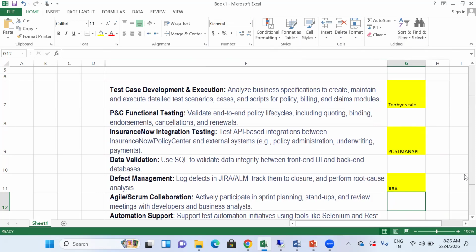So we should participate in sprint planning, and at the same time in daily stand-ups and reviews along with the development team and business analysts, so that we will know well in advance what requirements the customer has and what testable requirements we have taken. Everything we will know when we are involved in agile scrum collaboration.